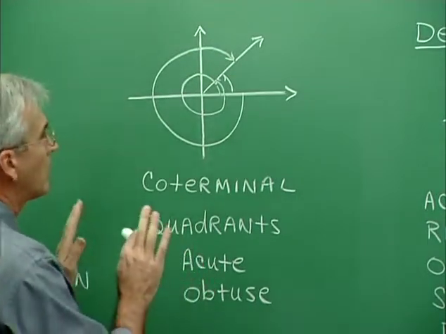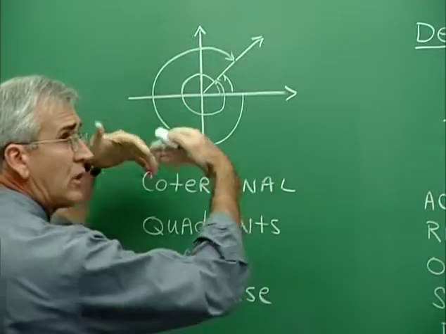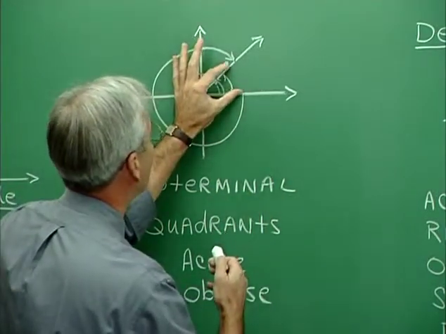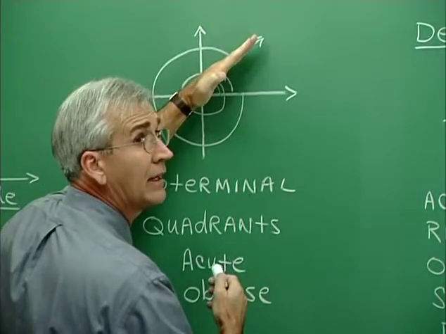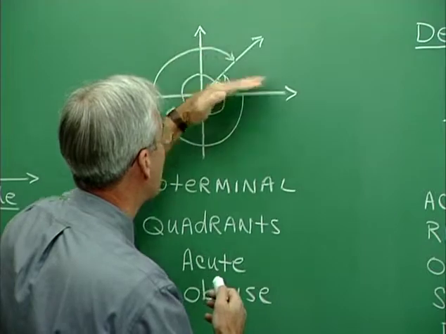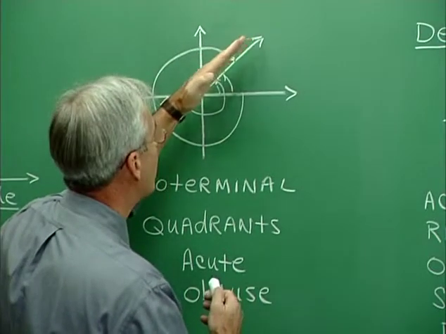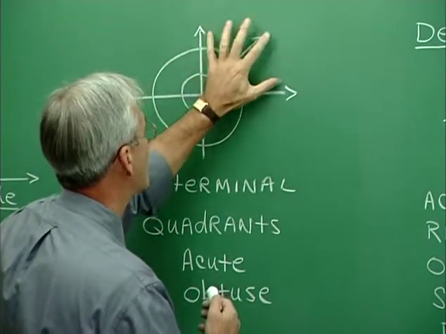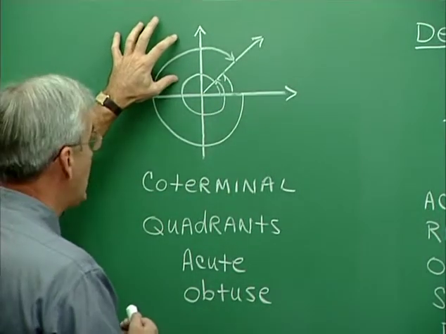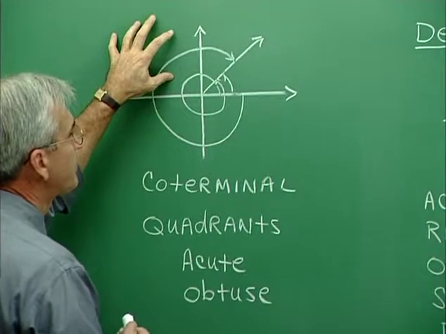Generally, we're thinking of angles generated in a more normal way, like that, with the small opening right here. But at any rate, it's an acute angle if the terminal side falls within the first quadrant. And if the terminal side falls within the second quadrant, then we have an obtuse angle.